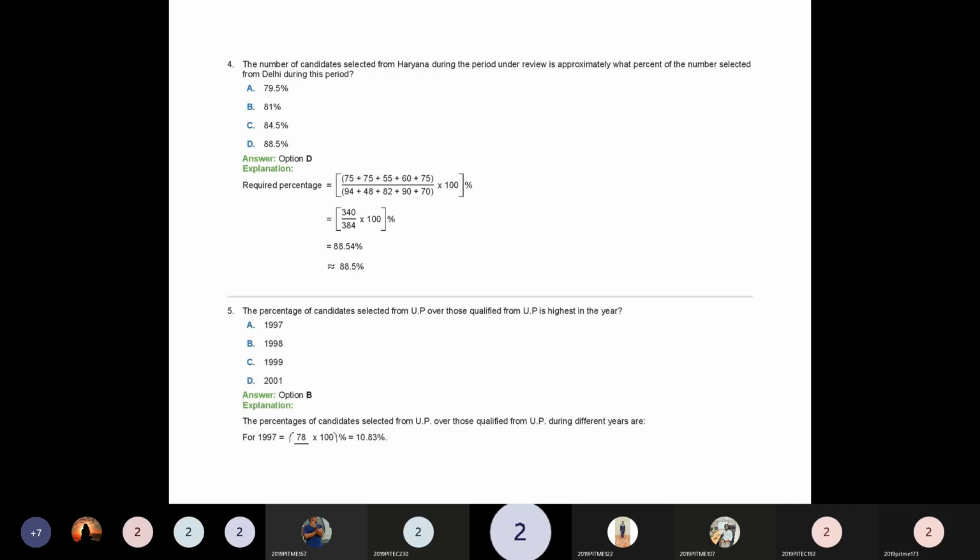The next one: the number of candidates selected from Haryana during the period under review is approximately what percentage of the number selected from Delhi during this period?